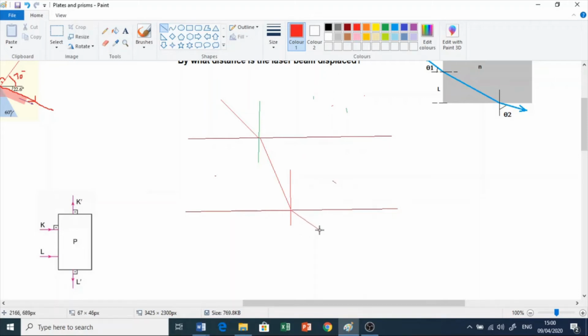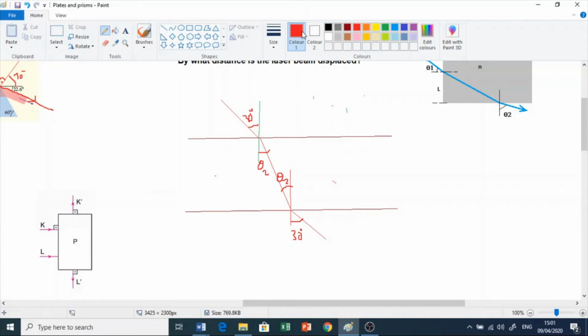This is the angle of incidence. It is given as 30 degrees. This is theta 2. This will also be equal to theta 2. And from our previous explanations, this is also going to be equal to 30 degrees.